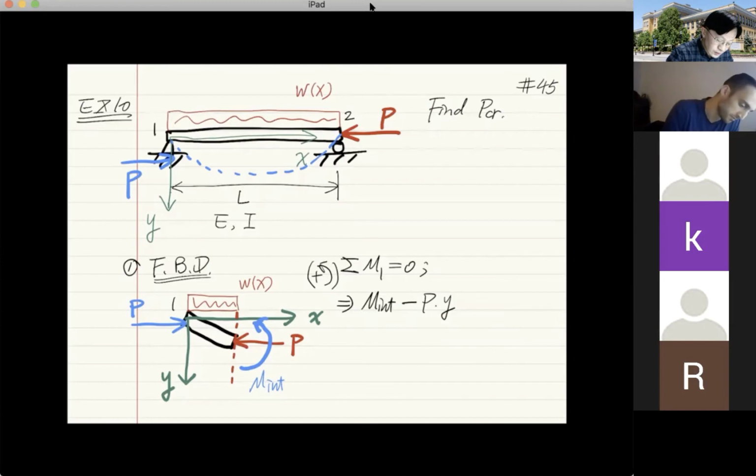So here, let's consider the reactions. At support 1, the vertical force is what? WL over 2. Very good. So that is WL divided by 2 at both ends, right?